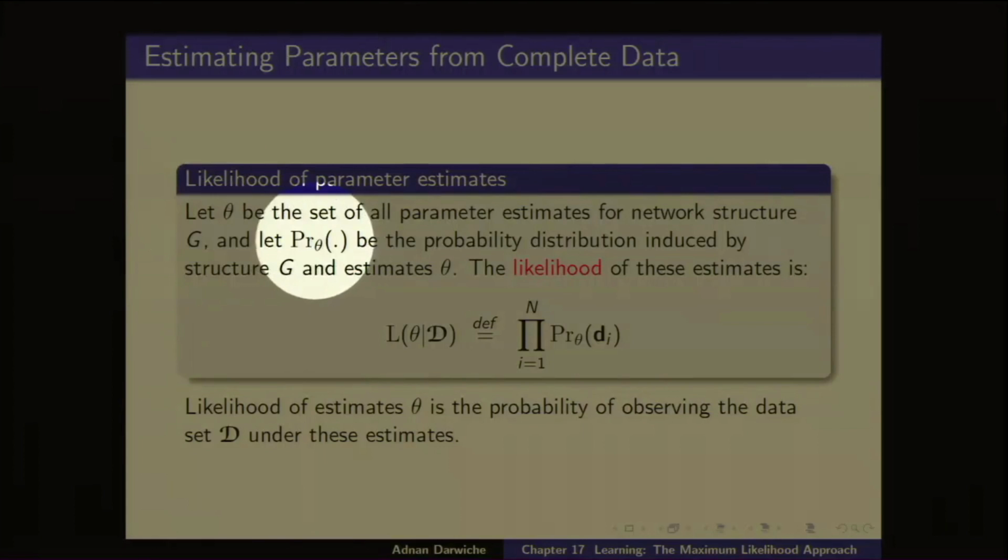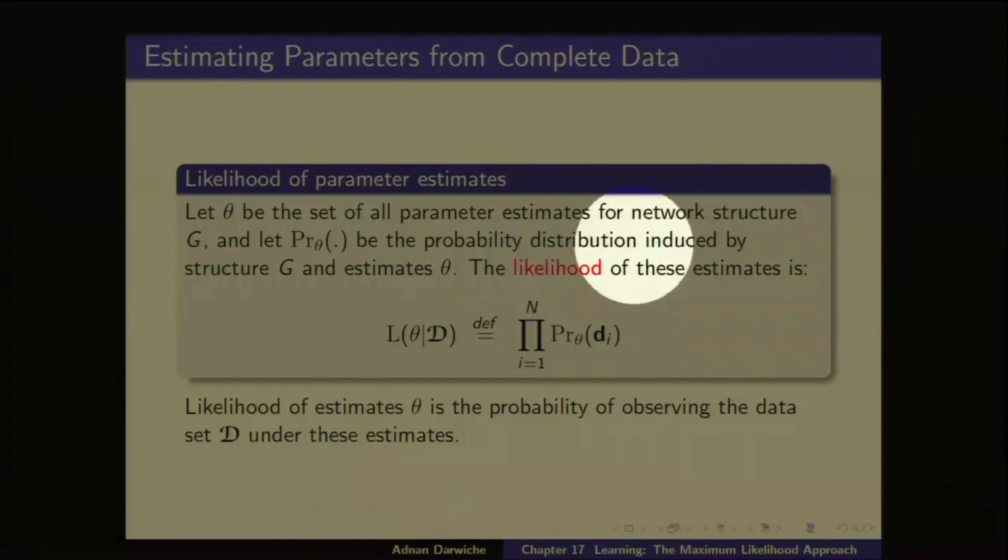Now, we would use this to indicate the distribution that is induced when using these parameters theta on that structure. So this distribution now is indexed by theta. If you estimate different parameters, theta prime, you get a different distribution. Now, let this be the probability distribution induced by this structure and those estimates.